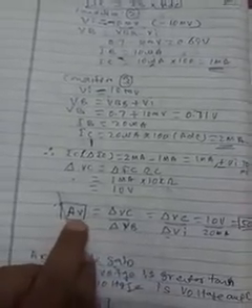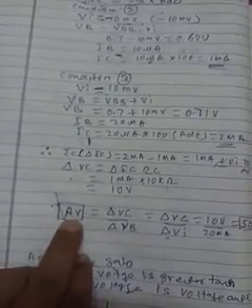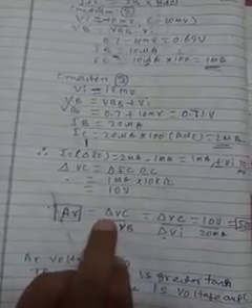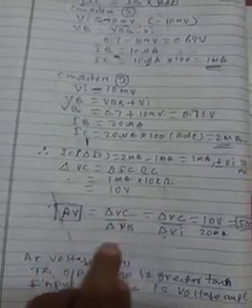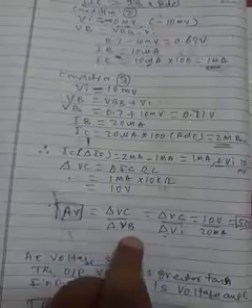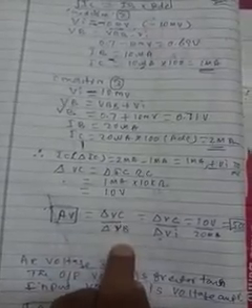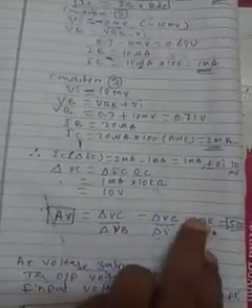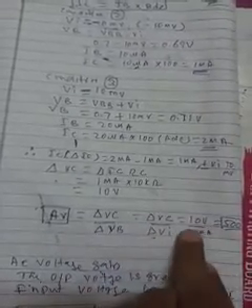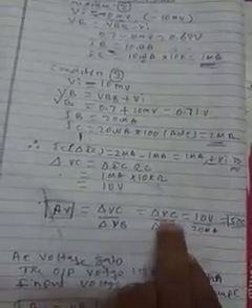So the gain is given by AV, equal to change in VC to change in VB, that is change in VC to change in input. So how much? VC, we already found, is 10 volts. VI is how much? 20 millivolts.